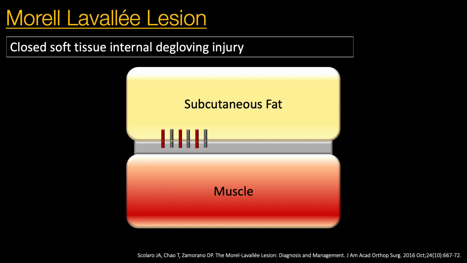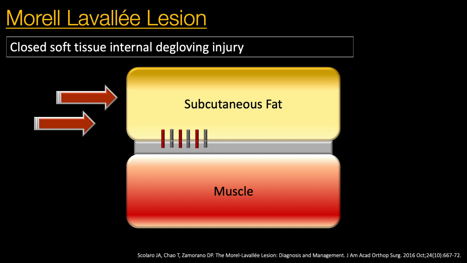Okay, so what we see over here is this is a subcutaneous fat, the deeper layer is a muscle, and between both of them is a deep fascia. Over here we see the deep fascia as a gray bar. Now between the deep fascia and the subcutaneous fat you have capillaries as well as the lymphatics running across the tissue planes.